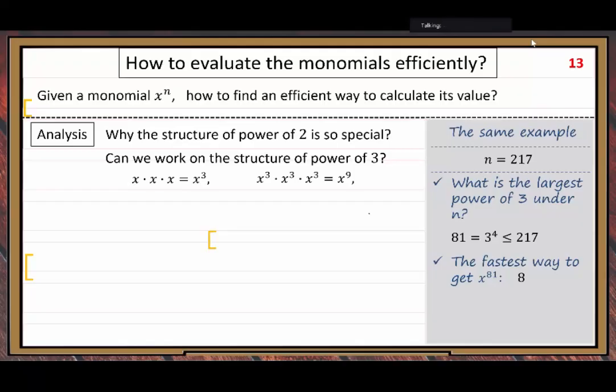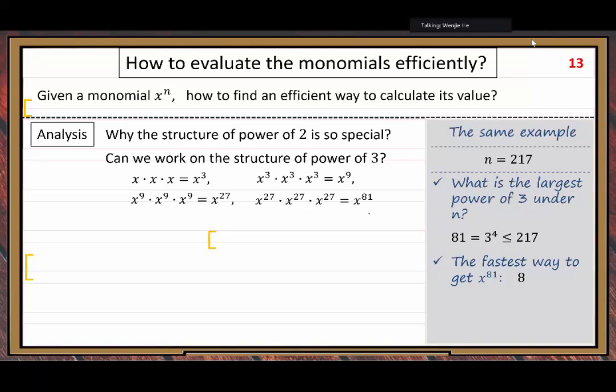The third round, another 2, you get x to the 27th. The last round, 2 more, you get x to the 81st. After 4 rounds, you need 2 times 4 multiplications. So that's why you need 8 multiplications.